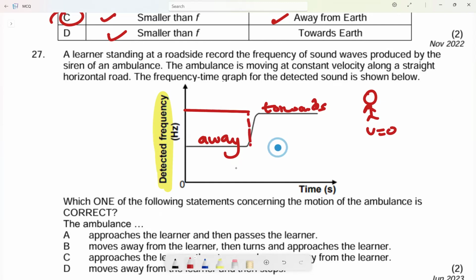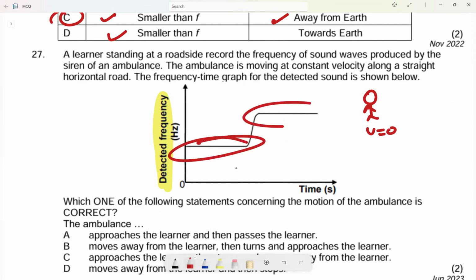It's like this car was moving away and in a way it returned. But I don't know what the case is here. If the frequency was low and then increased, it tells you that it was moving away, then it came back, moving away and towards, something like that.